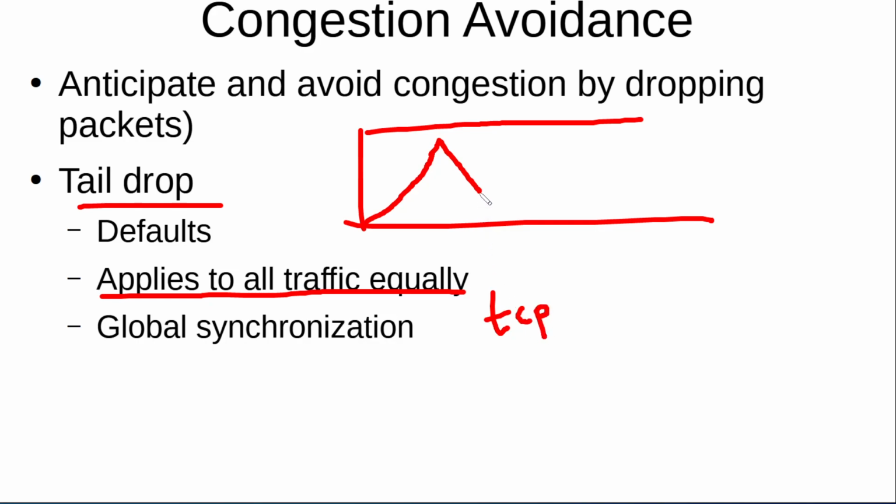Remember that TCP detects these lost packets, and it will start retransmitting. But as it starts retransmitting, it will start increasing the window size, and then will use more and more bandwidth until the router notices that, and then tail drops everything again, and then TCP will start increasing the window again, and you will have this kind of graphic where you will be actually not using all this bandwidth.